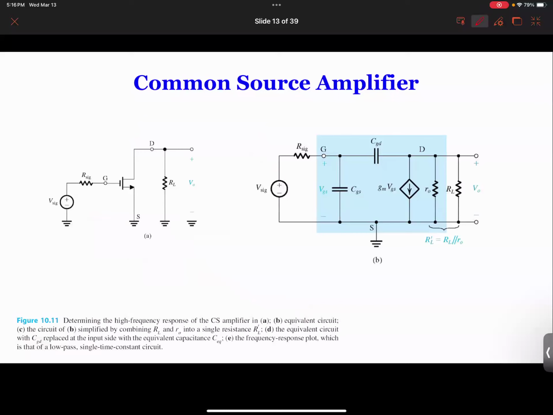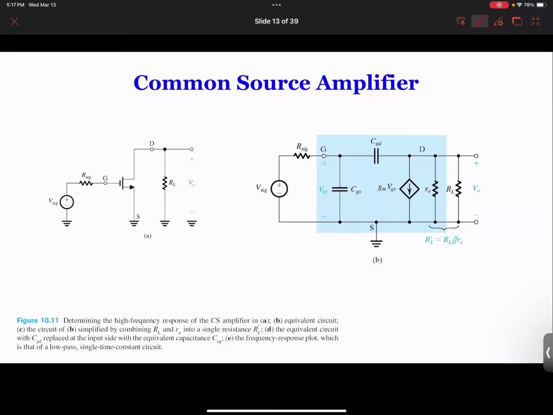So the goal today, hopefully we can finish today, is to look at section 10.2, which looks at common source and common emitter amplifiers, and we observe the actual impact of this capacitance on the voltage gain.